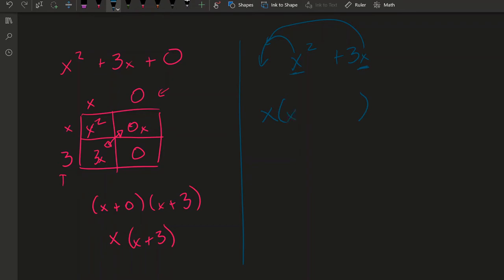This one would be x, and this one would be 3. And I get the same answer with a lot less work. The thing about this one is that it does require you to remember to do that, whereas the one that I've done in pink here is doing it the same way that you always do, just adapting it to a different scenario.